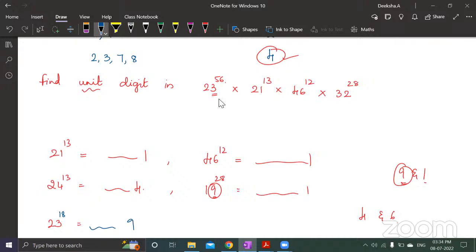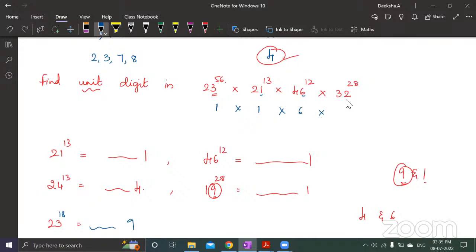Since the remainder is 0, I'm going to take the fourth, that is the last digit in 3's order, which is 3 power 4, which gives you 81. So last digit is 1. Next, 21 power 13. I'm not going to think because the last digit is 1 here. The answer will also have 1. 46 power 12. If the base is 6, you know that any number ending with 6 will always have 6 in its last digit.